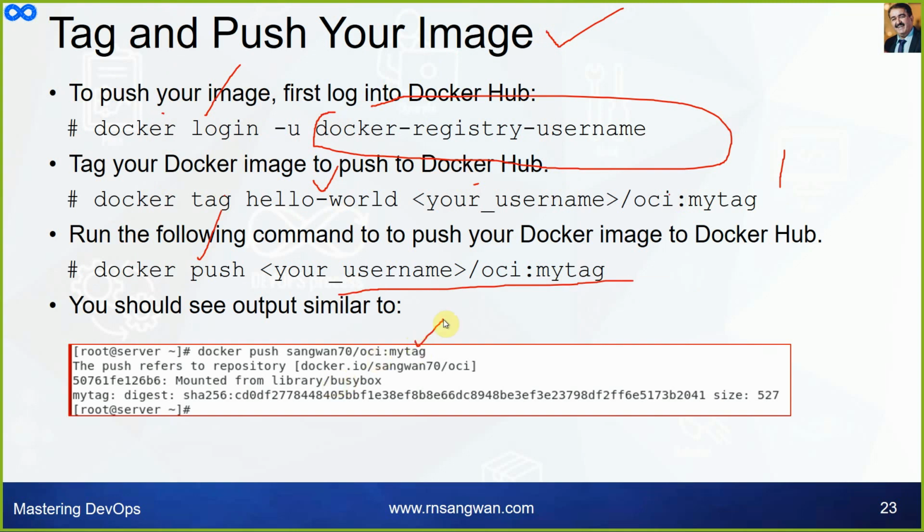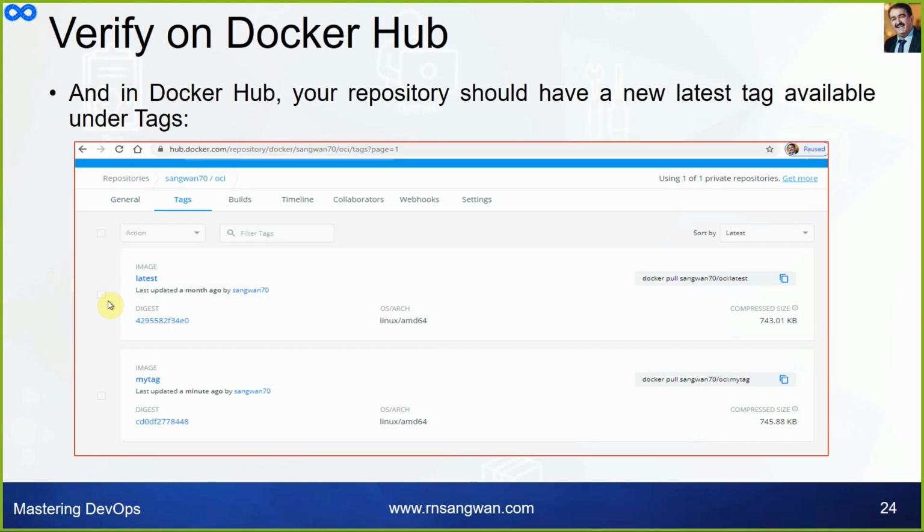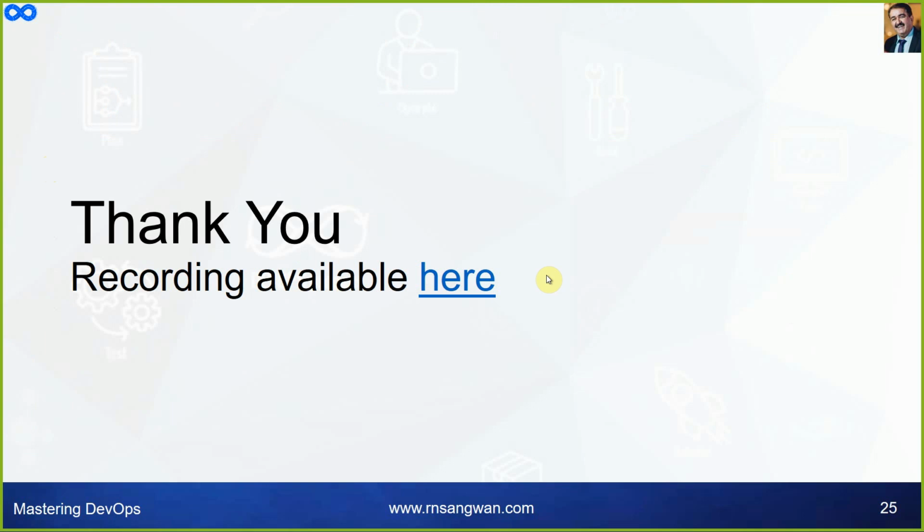This is the same demonstration I gave you, that I pushed my image to Docker Hub. And after that, you have seen my image on my OCI account as well. You could see the account, the image and the tags which I pushed to my Docker Hub account. That's all for this session.